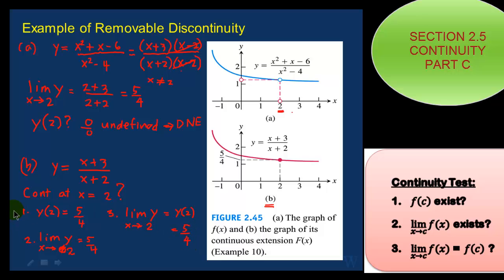So conditions 1 and 2 are met, and we conclude they're equal, therefore it is continuous. Yes, it's continuous. So we're saying that B is the continuous extension of A, because we have removed the discontinuity here at x equal to 2.